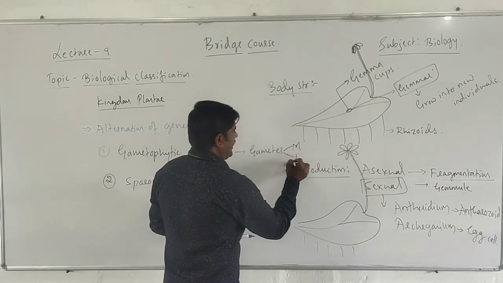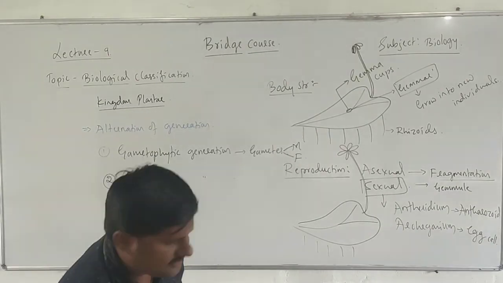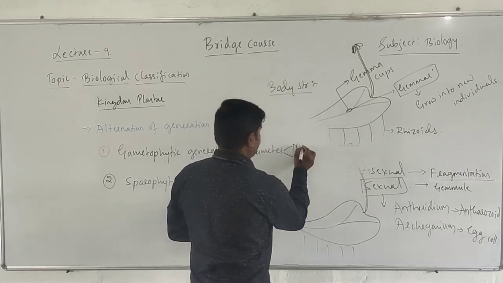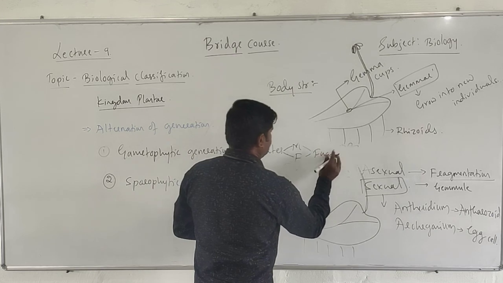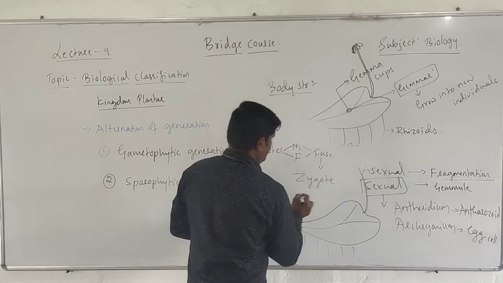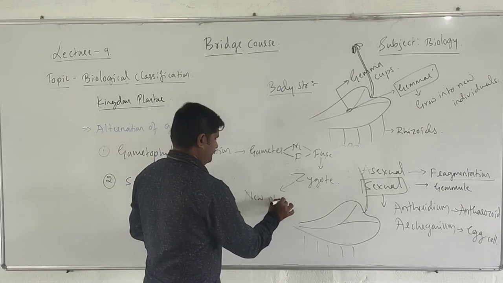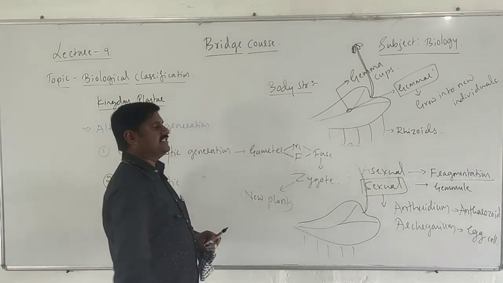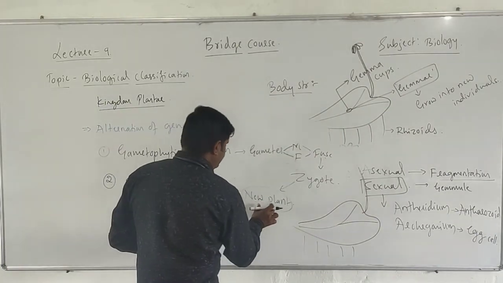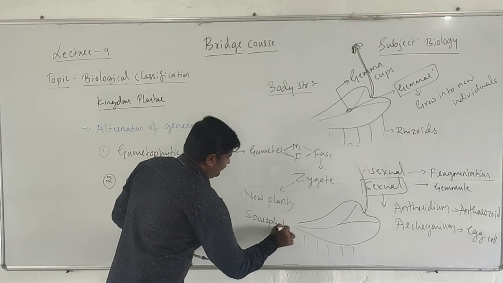Male as well as female gametes are produced over here, and both of these gametes fuse to form a zygote. The zygote grows into a new plant, and this new plant, produced as a result of fusion of male and female gametes, becomes the sporophytic plant.